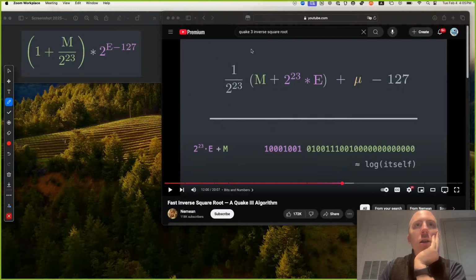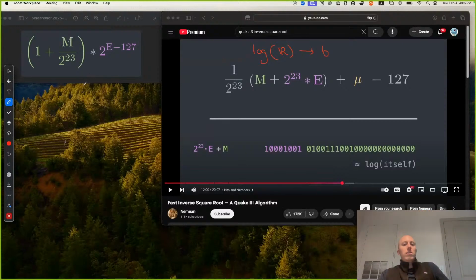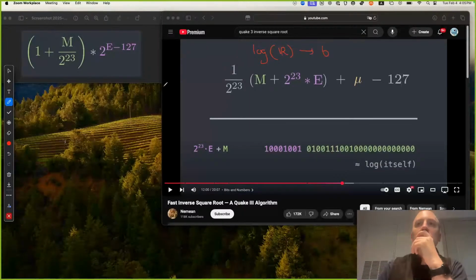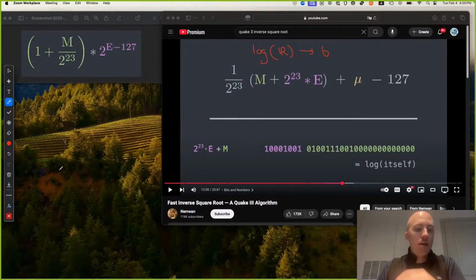So we did log of basically the real number version of it. And that gave us the bit representation. It's kind of crazy. Yeah, it basically gave us the bit representation.